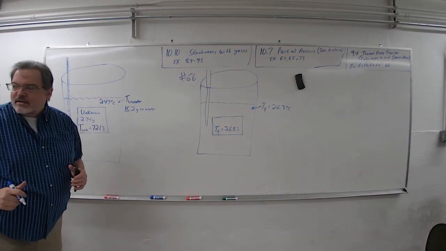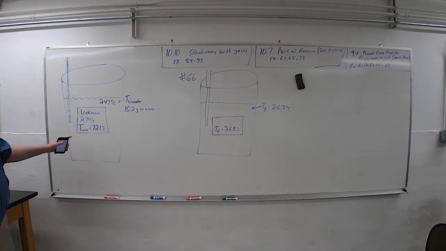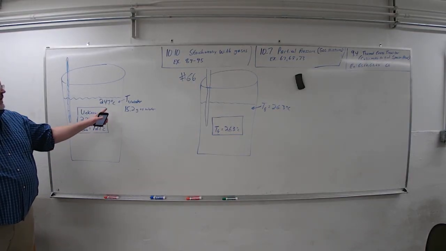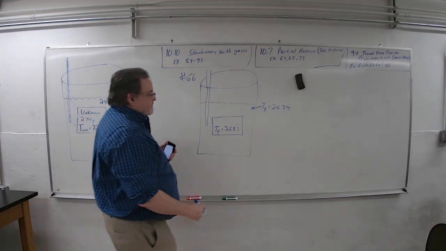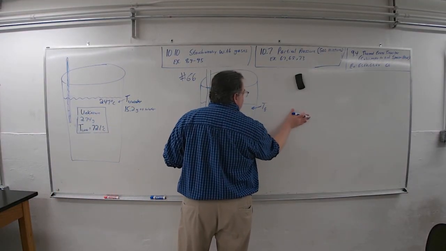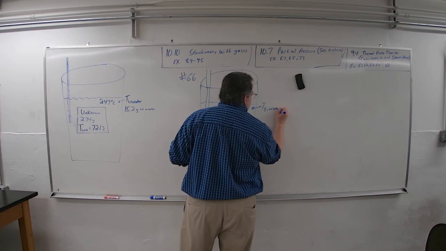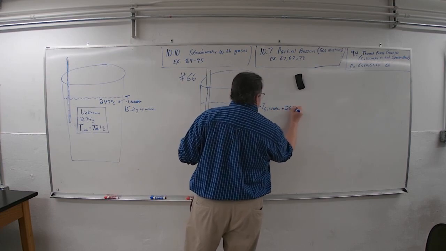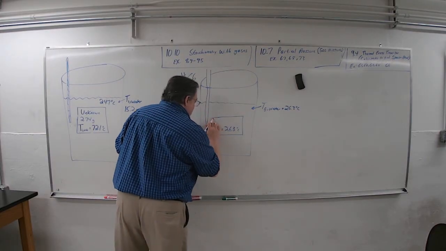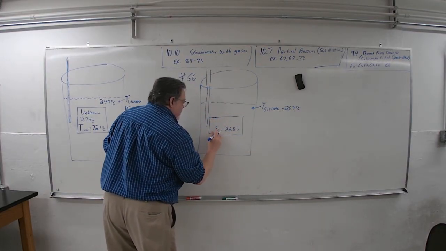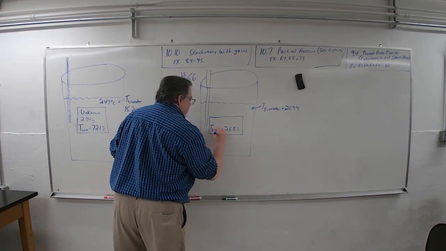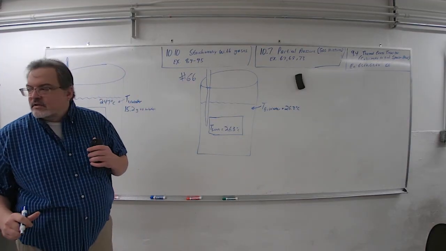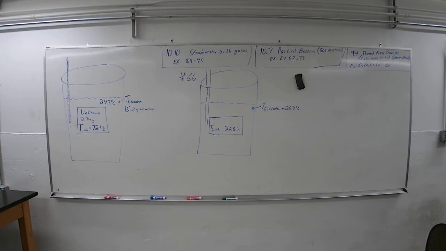You guys follow the situation I've described? You've got an initial temperature of the unknown. You've got an initial temperature of the water. The final temperature, they're both the same. I guess I could say temperature final of water is 26.3 degrees C. Temperature final of the unknown is also 26.3 degrees C. So you understand the situation I've described?